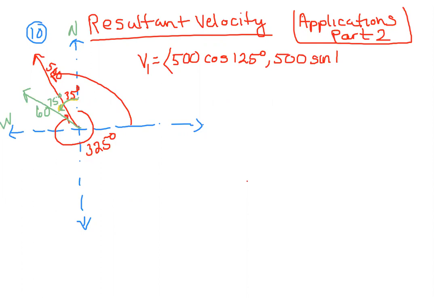And the wind, V2, is 60, and that angle is going to be from here to here, which is 90 plus 75, and that is 165.